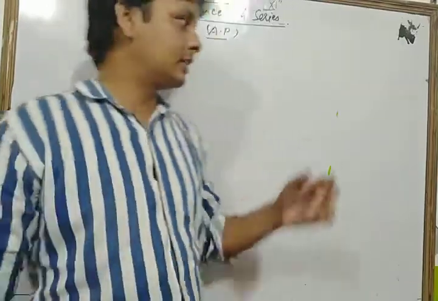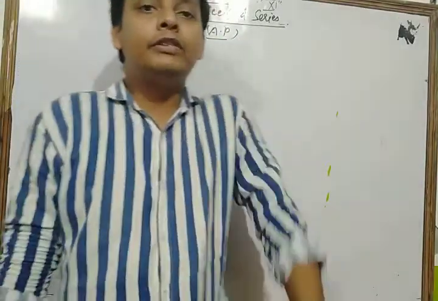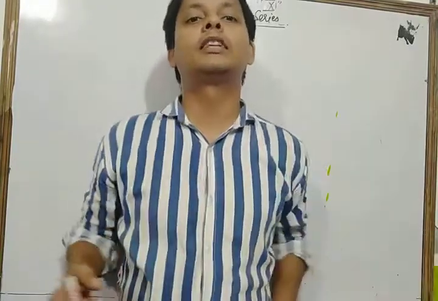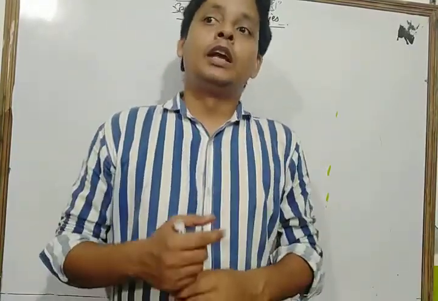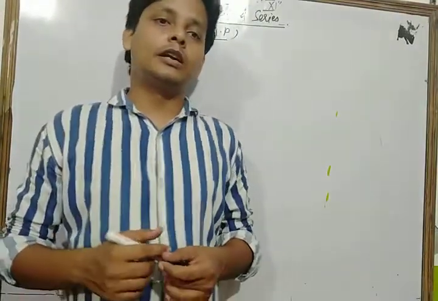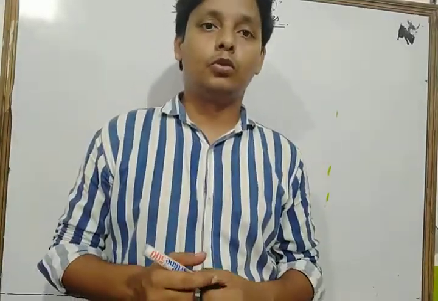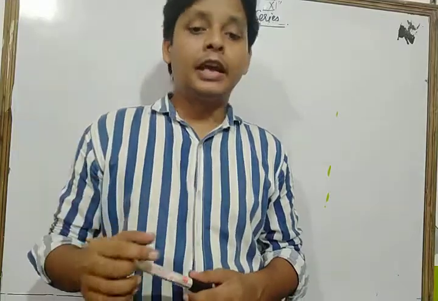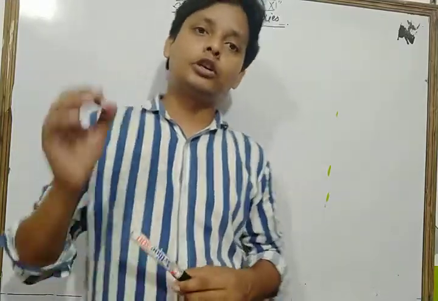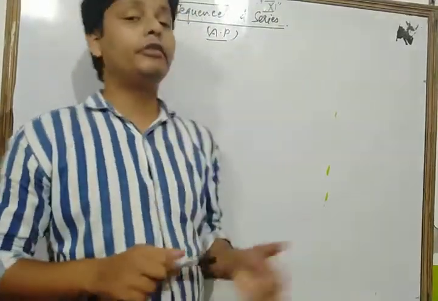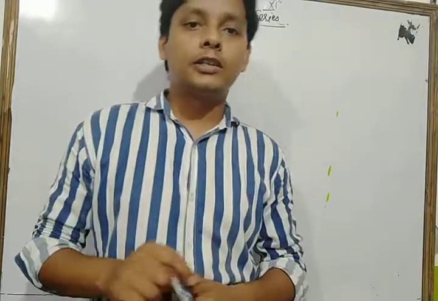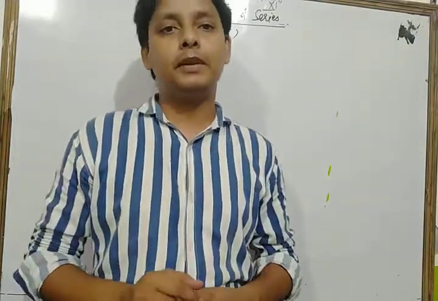So first of all we discuss arithmetic progression, and in the previous class we discussed the concept of arithmetic progression. I discussed what type of progression an arithmetic progression is. A progression is said to be an arithmetic progression if the difference between a term and its previous term remains constant.